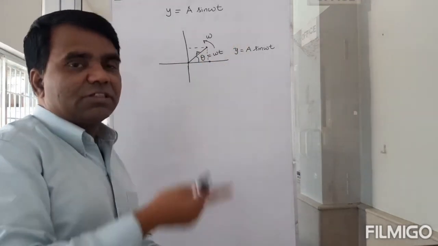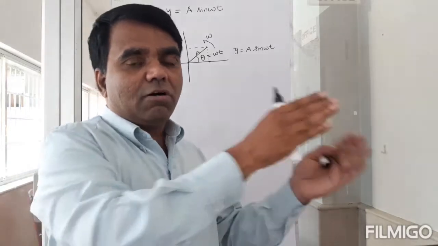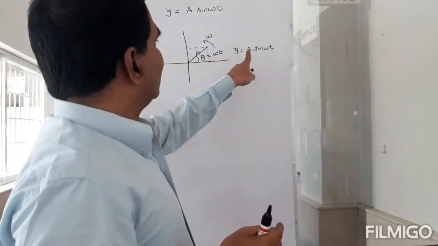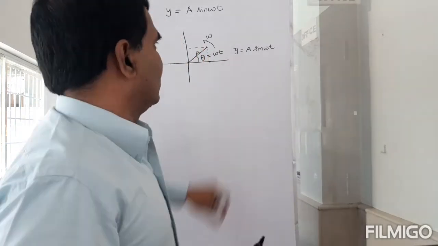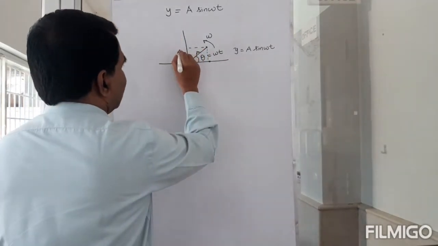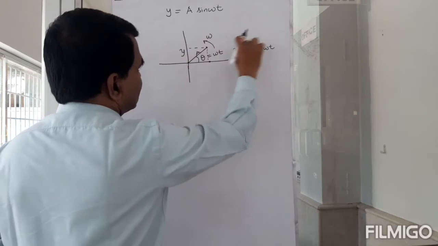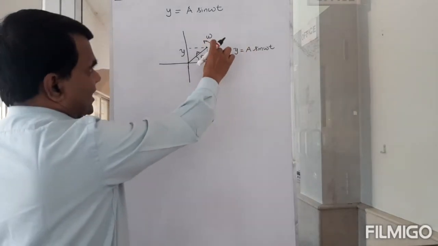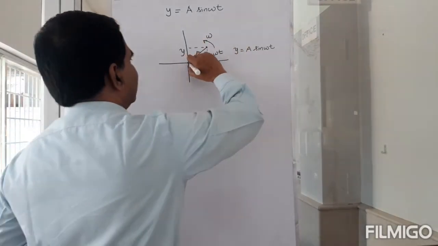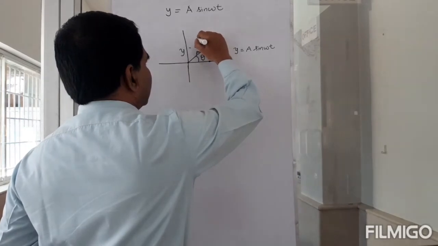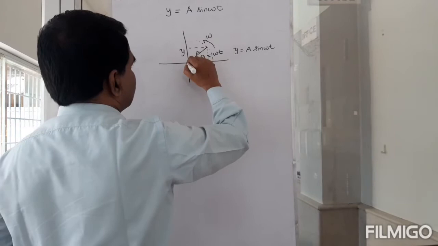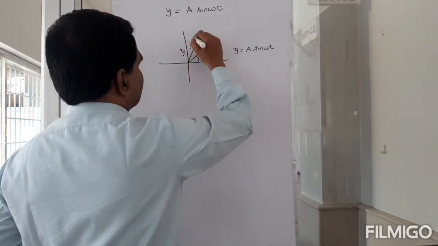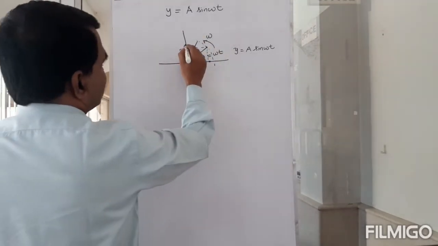The projection of this rotation on the y-axis is this. We have come across that already. If you want this y value, then that y value is equal to a sine omega t at time t. So if I am at some other position, going in a circle, suppose I am here after some time, then what is the y value then?